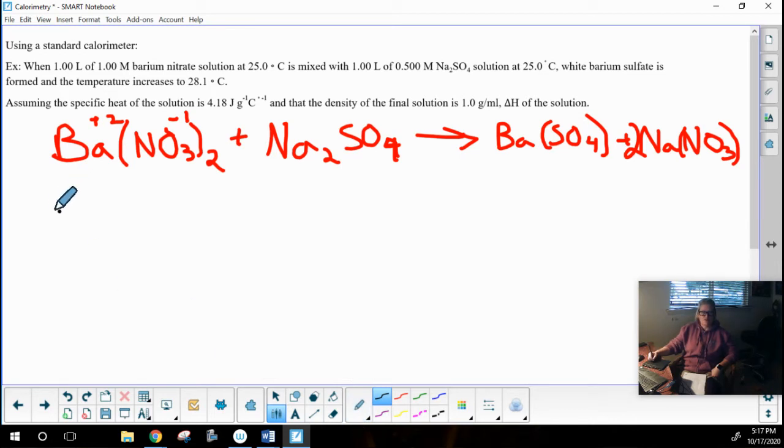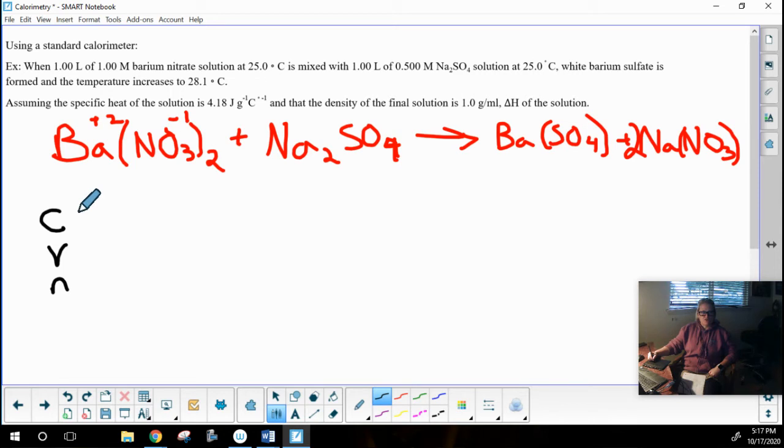All right, so I've got a concentration, a volume, and a number of moles for both Ba(NO3)2 and Na2SO4. I need to figure out, first of all, how many moles of each one of these reacted, and second of all, which one of these limited the amount of barium sulfate that's going to be created.